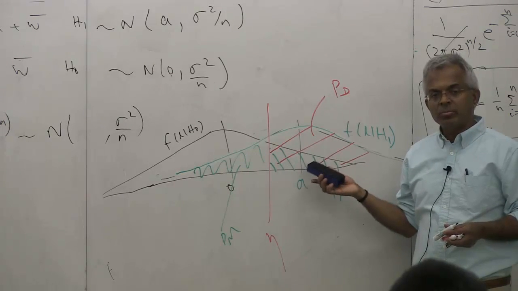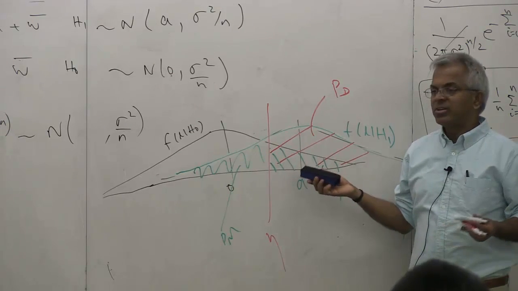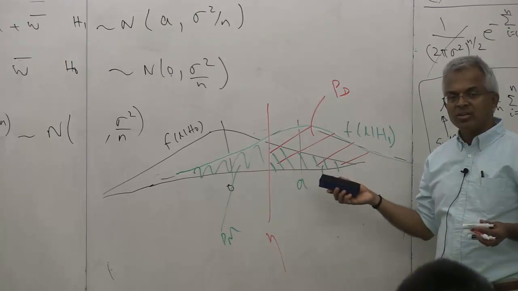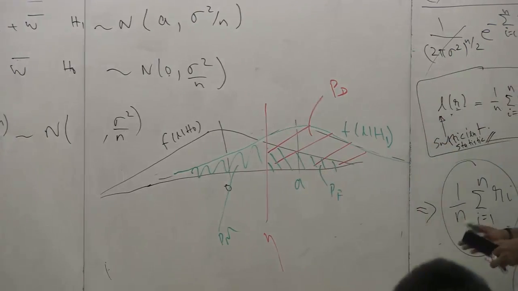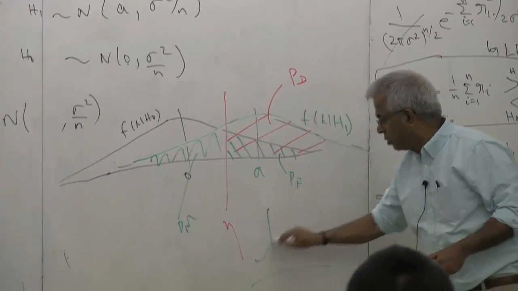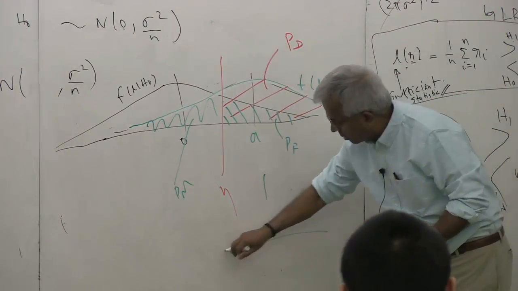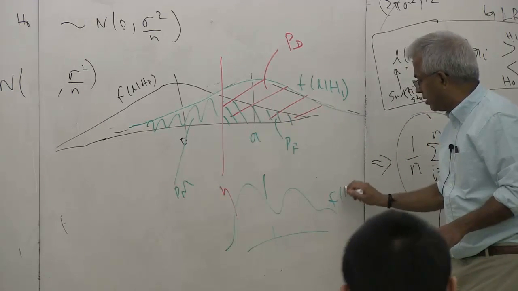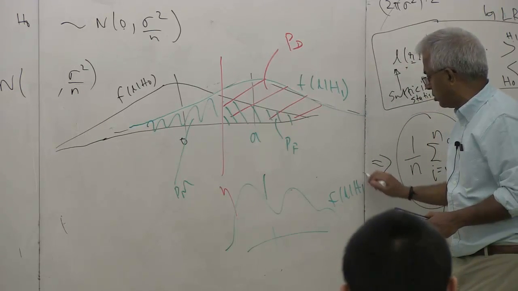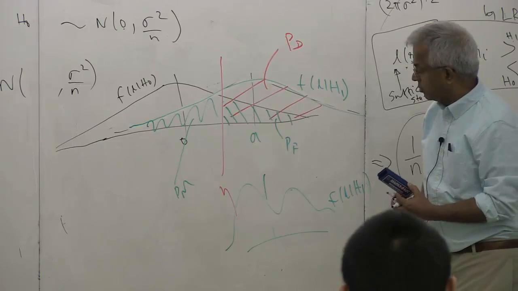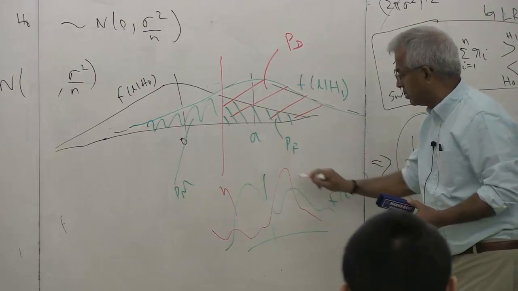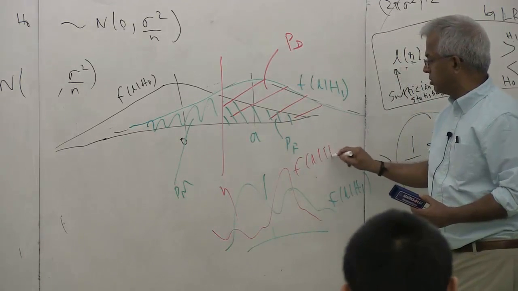Remember, this is the optimum, right? If it is not Gaussian, you will have some other density function. So probably you will have something like this. One density function, let me call it FL under H1, and then you have another density function, let me call this FL under H0.